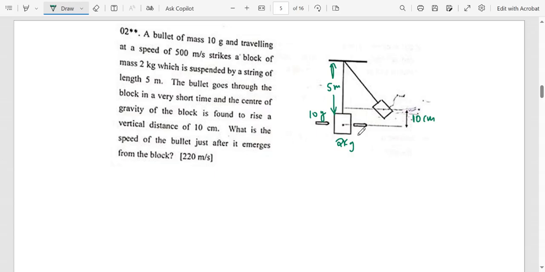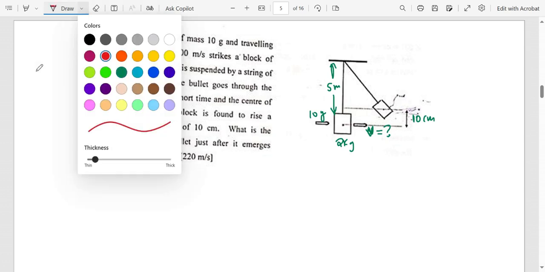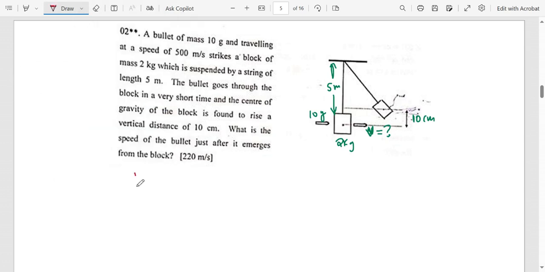So what is the velocity of this bullet when it emerges from the block? So again, we'll use conservation of momentum. Momentum initial must be equal to momentum final. This is what we have to know, very vital here.